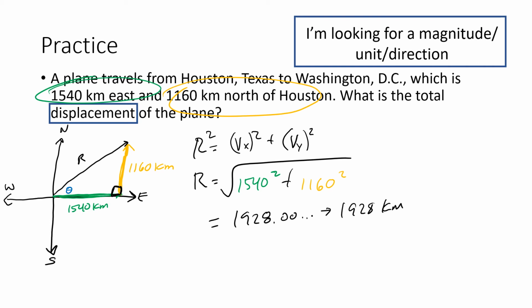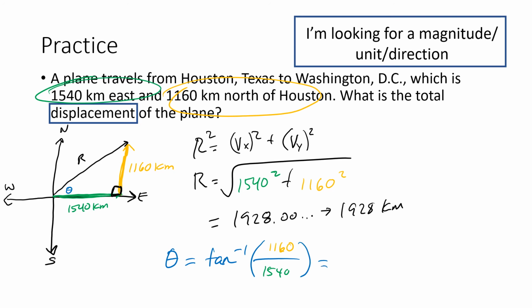To find your angle, you're going to use your tangent, inverse tangent. So theta equals inverse tangent of the opposite over the adjacent, so 1,160 divided by 1,540.